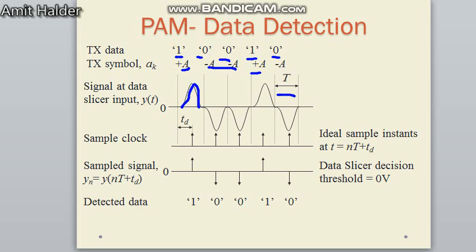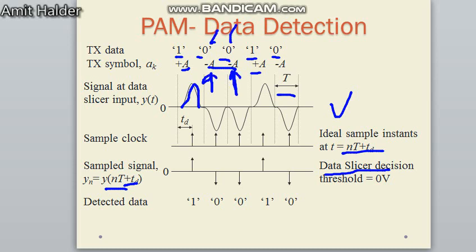After that, the data slicer decision comes out, and you get the data slicer with the time delay. If you add a time delay, there is a time delay data slicer, and you find the sample data. You have to check the decision from this value, where the minus A is. The minus A has been coded as 0.